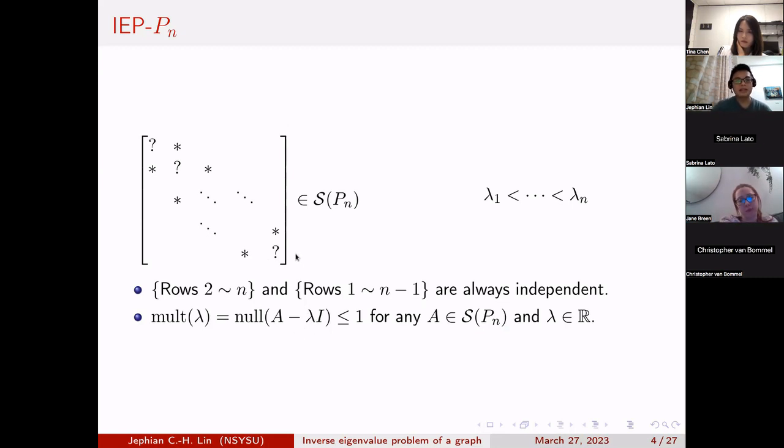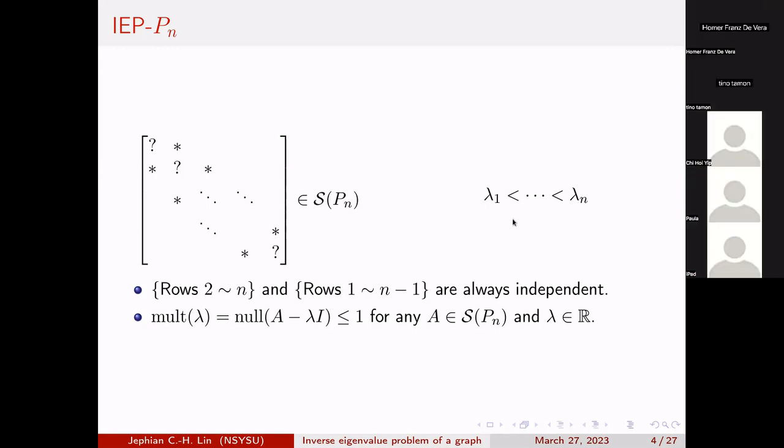So in the end, just by some combinatorial observation, we know that for any matrix like this, its eigenvalue multiplicity cannot be more than 1. Okay, so that is to say the eigenvalues must all be simple.